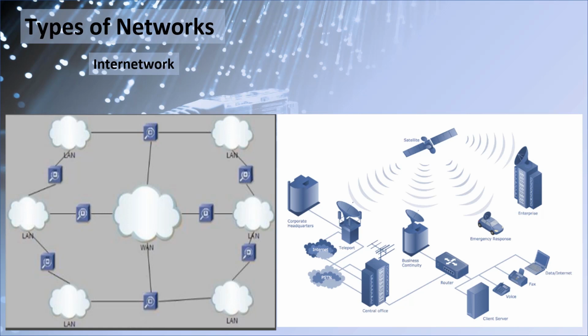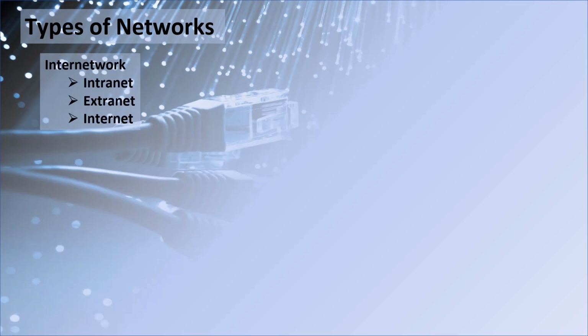Now if we move further, there are different types of internetworks: intranet, extranet, and internet. Let's talk about these different types of internetworks. Intranet is an internetwork that is a private or internal network of any organization.